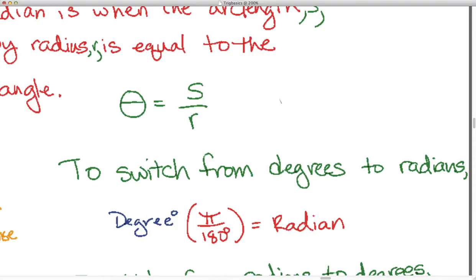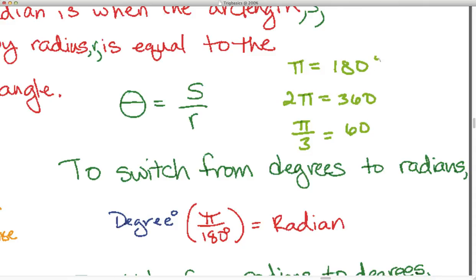And usually it's denoted by something pi, like 2 pi is equal to 360, or for instance pi is 180, or pi over 3 would be 60.